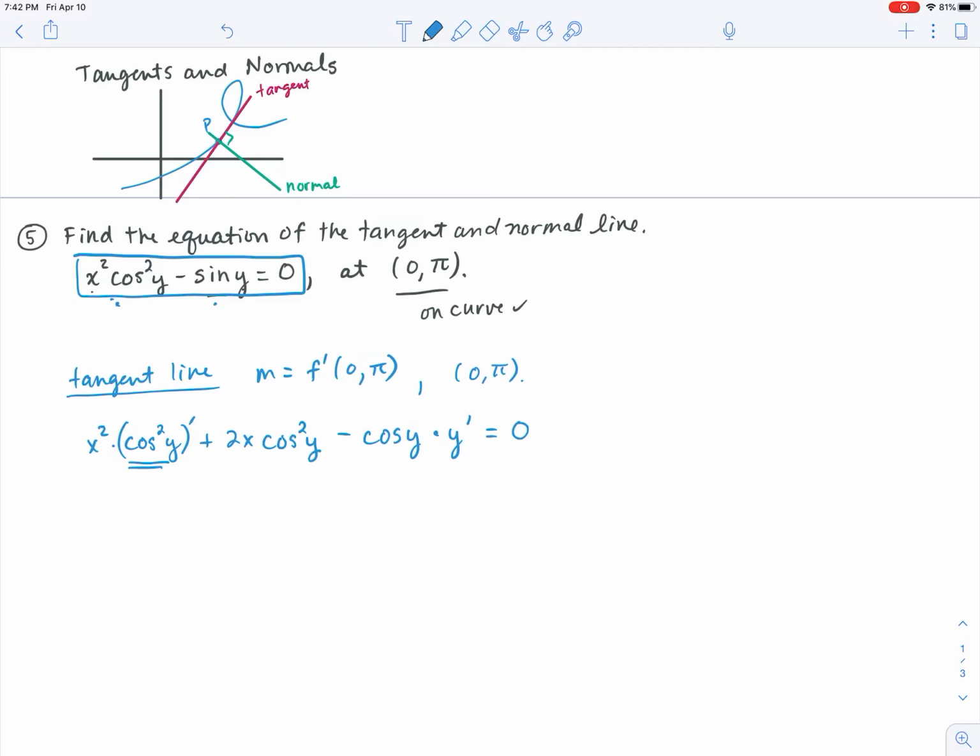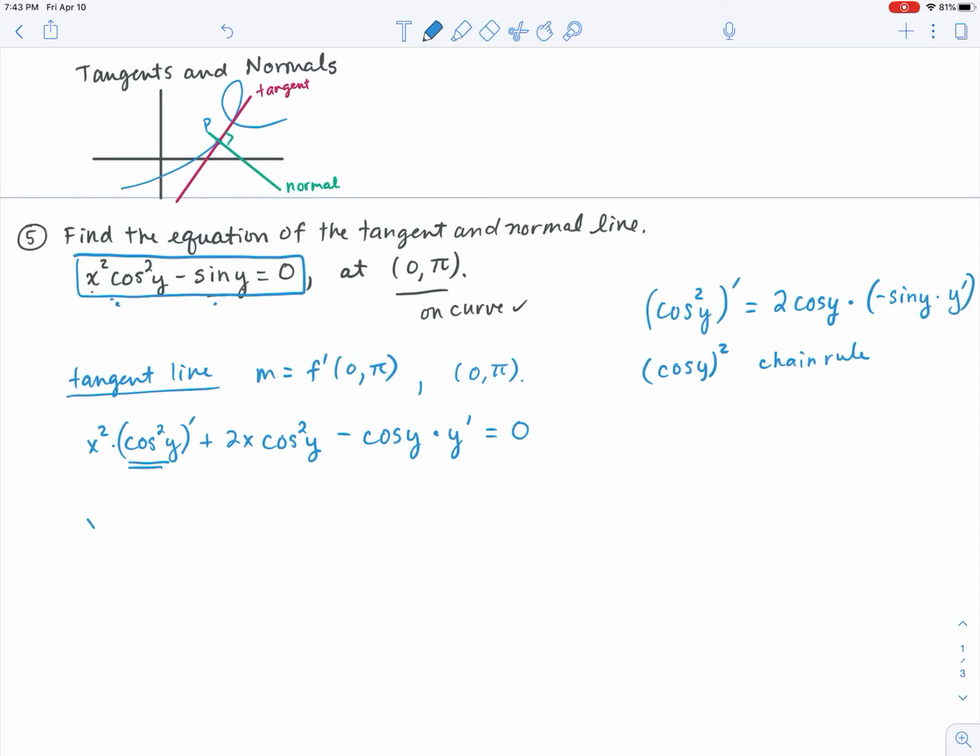Okay, for the derivative of cosine squared y, this is cosine y squared, so we need the chain rule. We're going to get 2 cosine y, reducing the power on cosine y by 1, so it's just to the first power, times the derivative of the inside function, which is negative sine y, times y prime because of the chain rule.